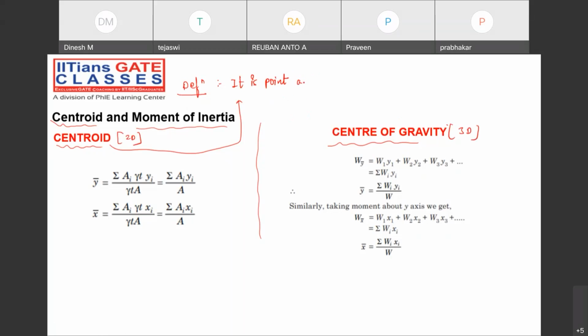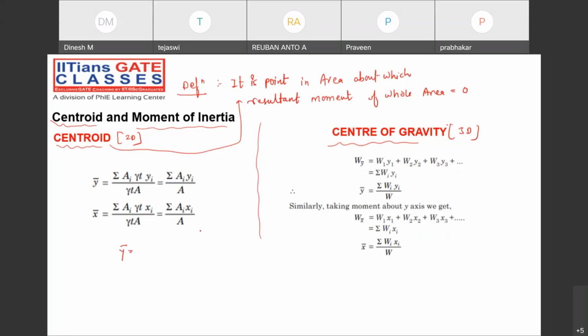It is a point in a plane area, a point in an area about which the resultant moment of the whole area will become 0, right? And what is the formula to calculate?